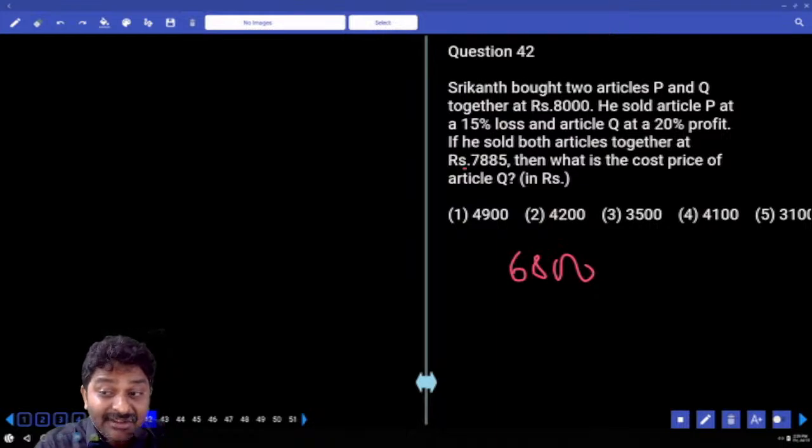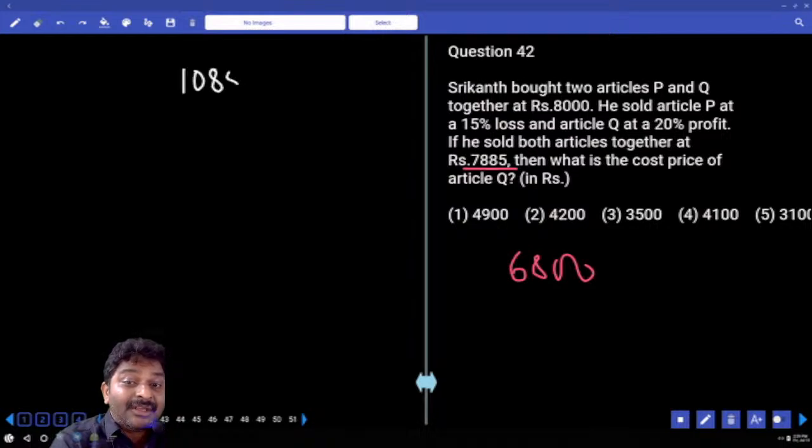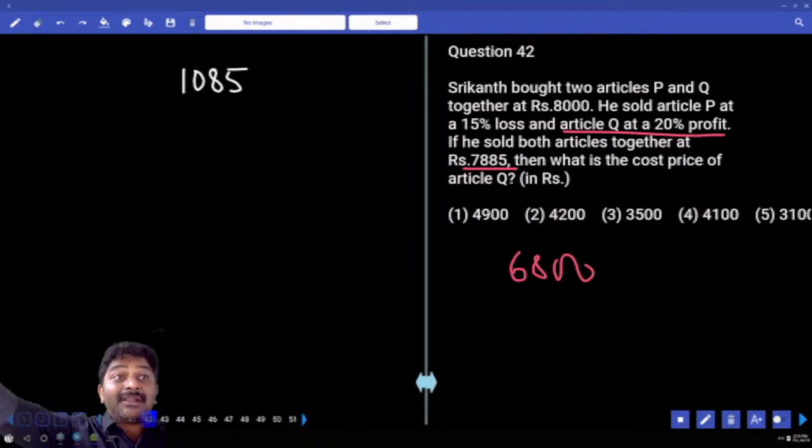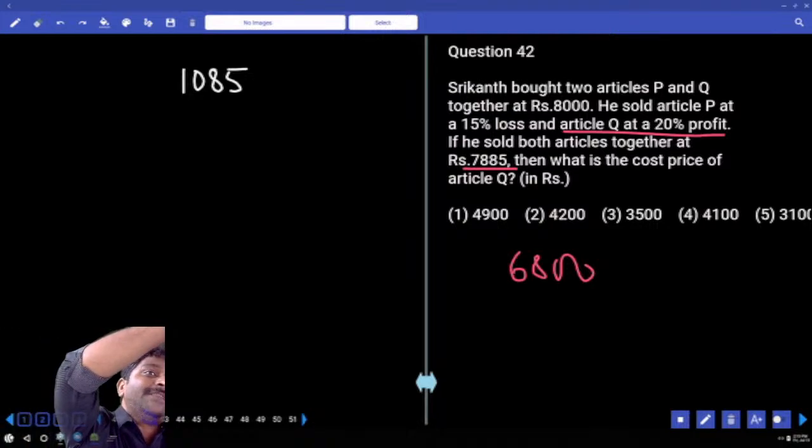But how much is given in the question? How much less did we get? 1,085. What is the reason for getting 1,085 less? Q was actually sold at 20% profit, but now that was converted to 15% loss.